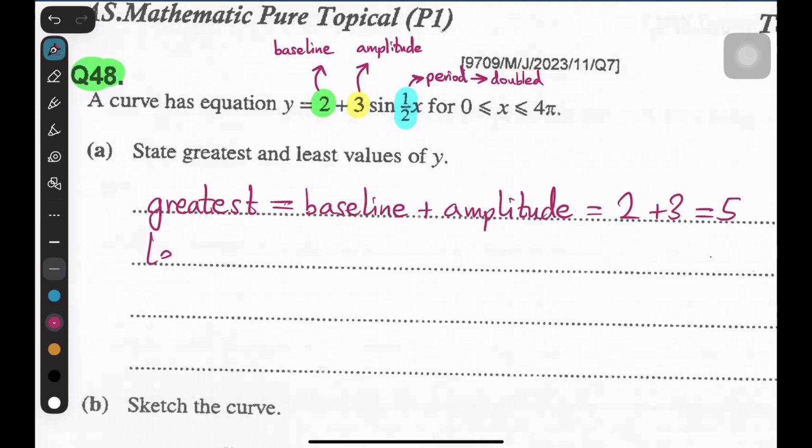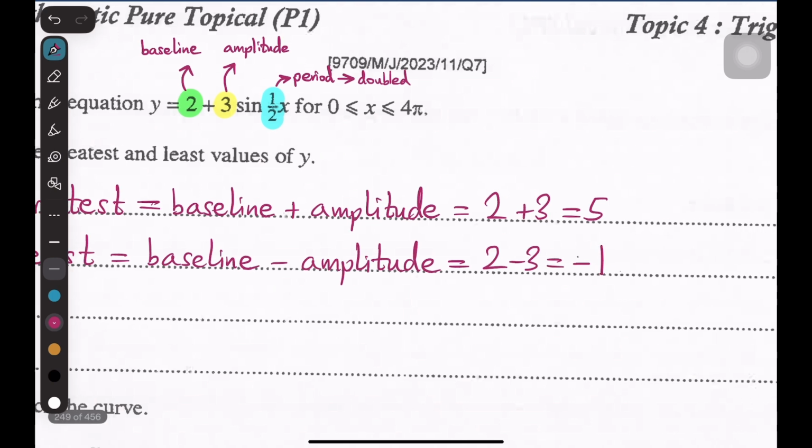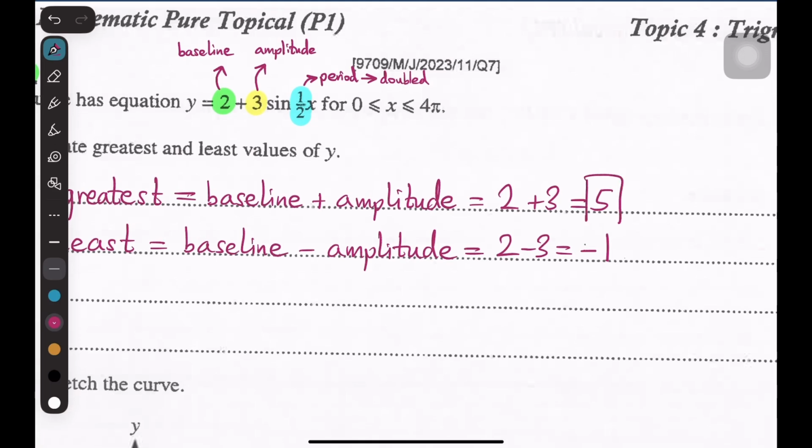And for the least value, we'll take the baseline minus the amplitude. So we have 2, that is the baseline, minus 3, which is the amplitude, so minus 1. So our greatest and least values are 5 and minus 1.